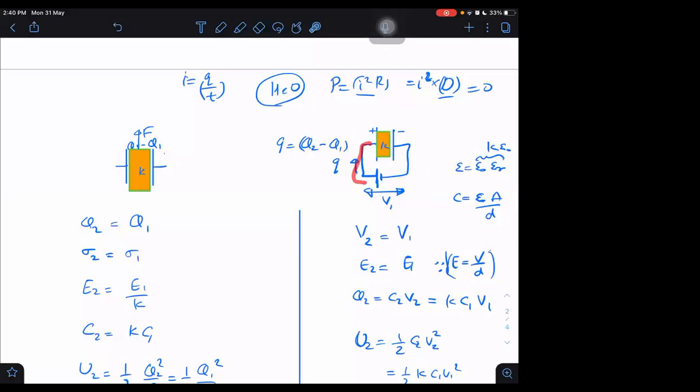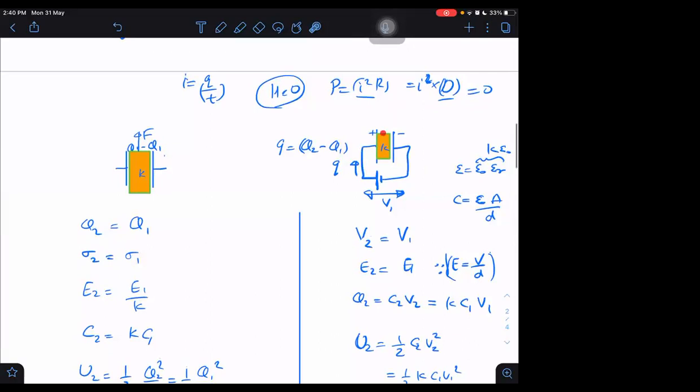But usually when we ask whether heat is produced in the process of inserting the dielectric, then obviously the answer is no. Heat is not getting produced in the process of inserting the dielectric. Already when we made that, at that time it was produced. That is a different thing. If the dielectric is already existing and we suddenly make the connection, then also heat will be produced. That is also separate, a different thing.